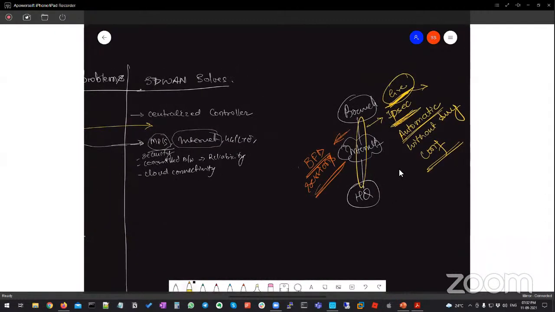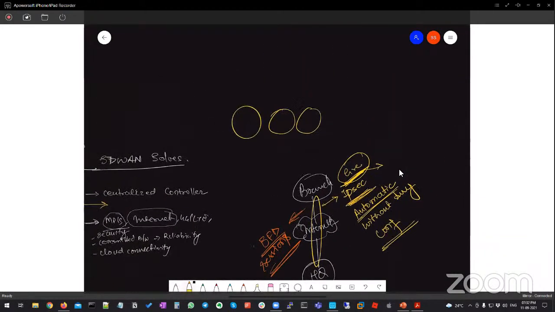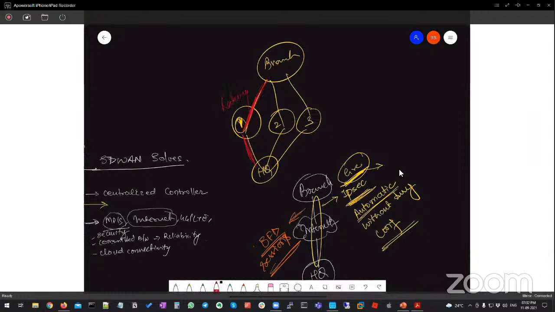Suppose you have your branch, which is connected to your headquarters, and it is connected over 3 internet circuits: one, 2, 3. Right now my traffic is going via circuit number 1, and I start seeing latency in my service provider.